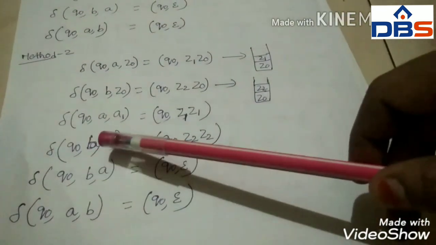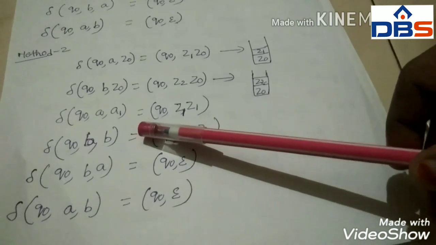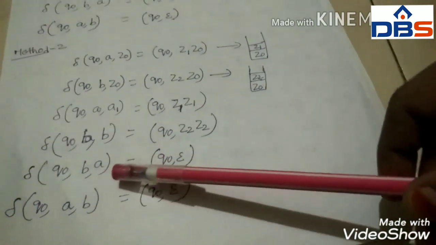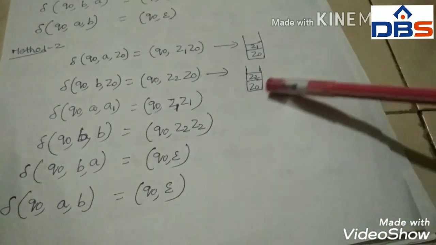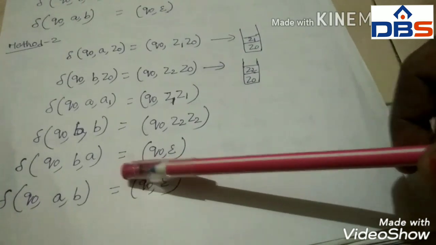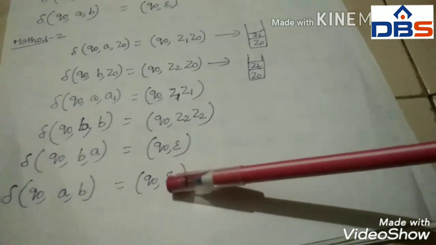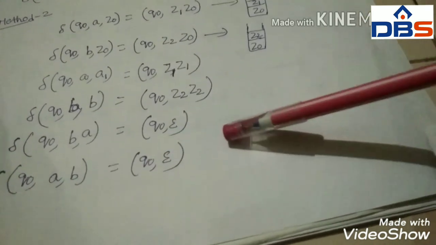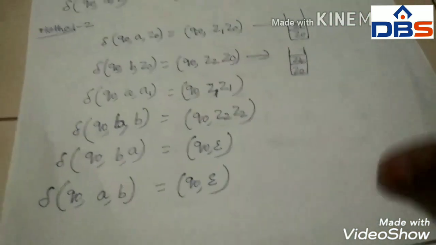Delta of Q0 comma A comma Z1 gives Q0 comma Z1 Z1. Delta of Q0 comma B comma Z0 gives Q0 comma Z2, putting stack symbol Z2. Delta of Q0 comma B comma Z1 gives Q0 comma epsilon, and delta of Q0 comma A comma Z2 gives Q0 comma epsilon. This is method 2.